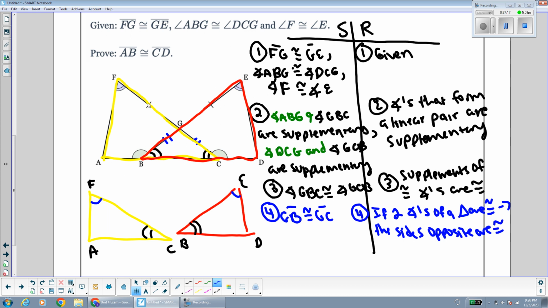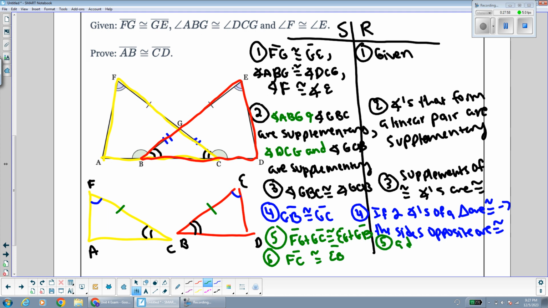So if we have congruent pieces, if we add them together, we can get the whole sides that we need. And if we add the pieces together and we get the whole sides, then we can prove those triangles congruent with ASA. So let's do our addition. So that's FG plus GC. And that gives us the whole side of the yellow triangle FC. And then here we're adding EG and GB. And that gives us the whole side of the red triangle, EB.